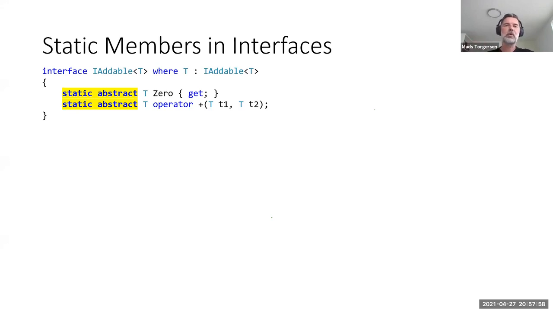So we are going to not just do this feature, but also build a library of interfaces representing various combinations of operators and other members that represent mathematical entities. The IAddable here is sort of like a toy example of that. And then we're going to go to System.Math.